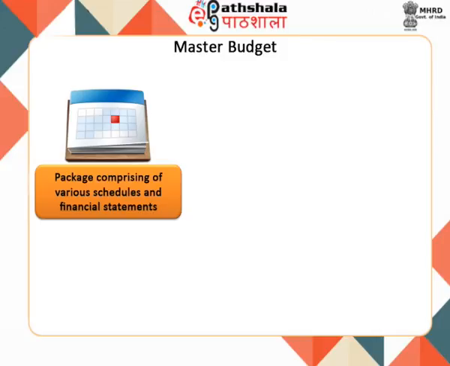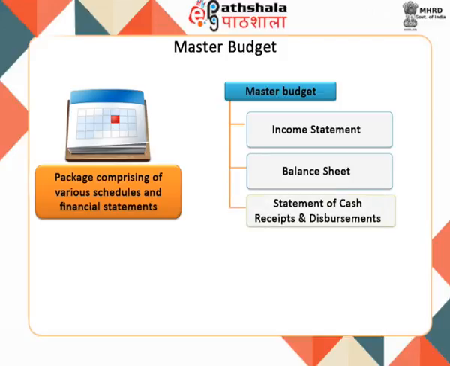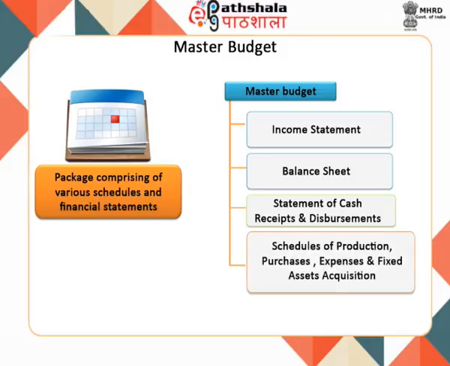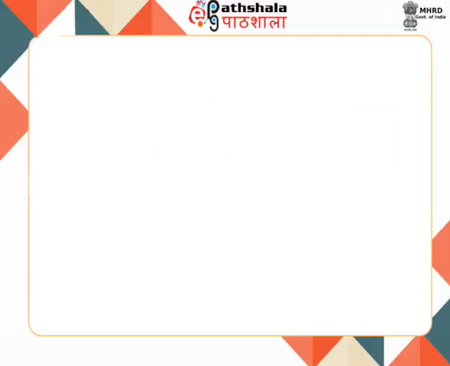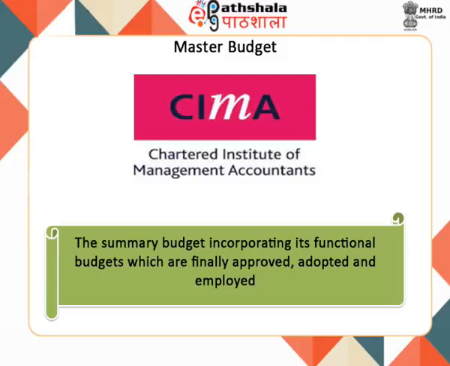It consists of an income statement, a balance sheet, a statement of cash receipts and disbursements, and schedules of production, purchases, expenses, and fixed assets acquisition. The Institute of Management Accountants, London, defines a master budget as the summary budget incorporating its functional budgets which are finally approved, adopted, and employed.